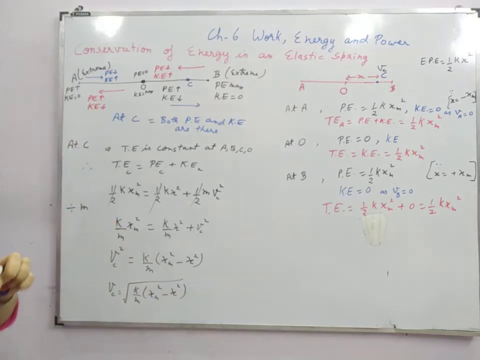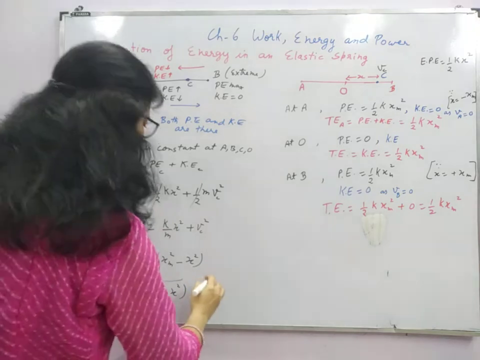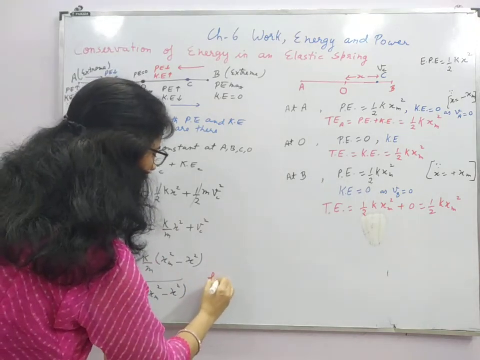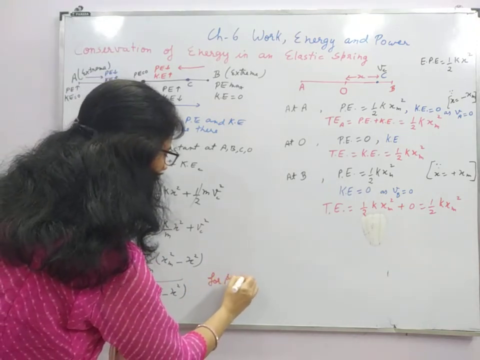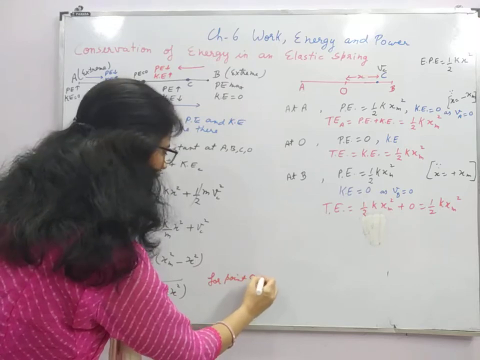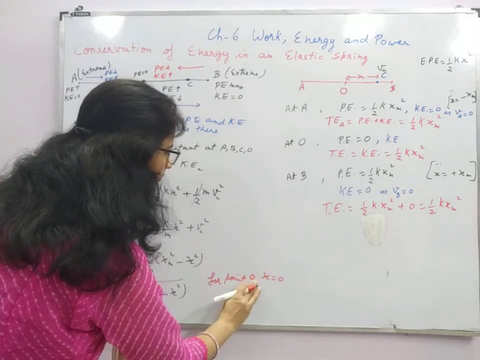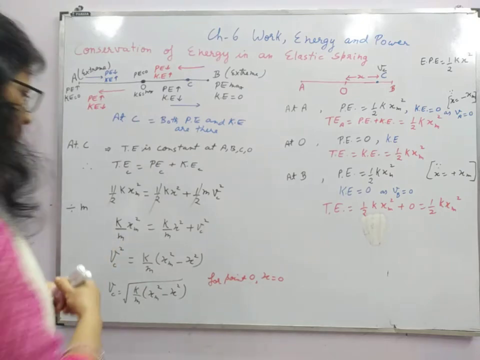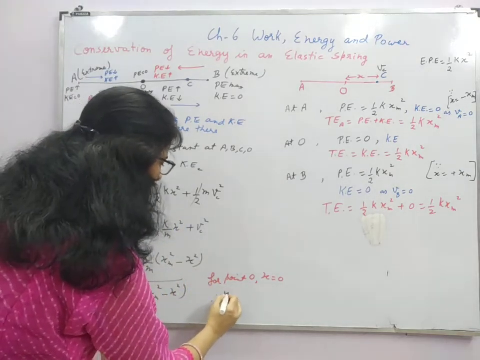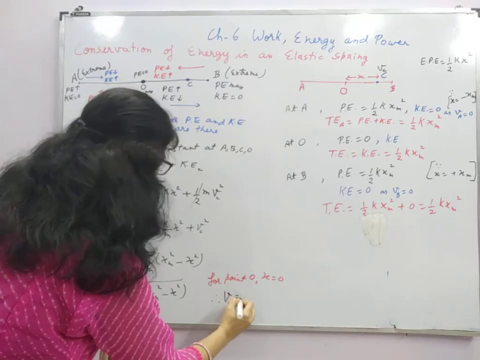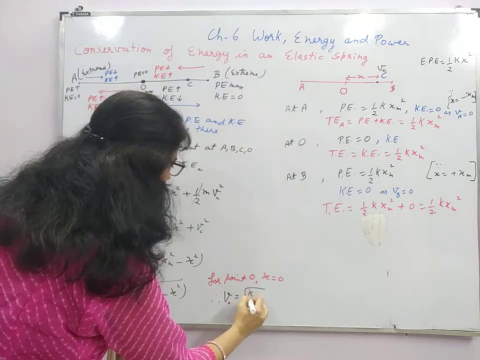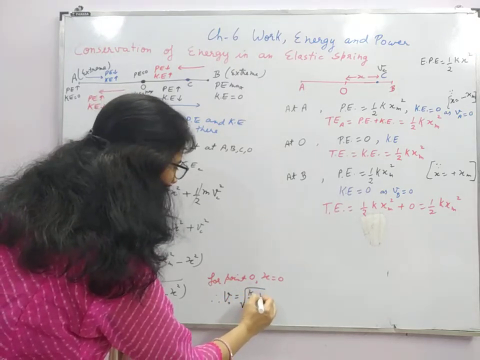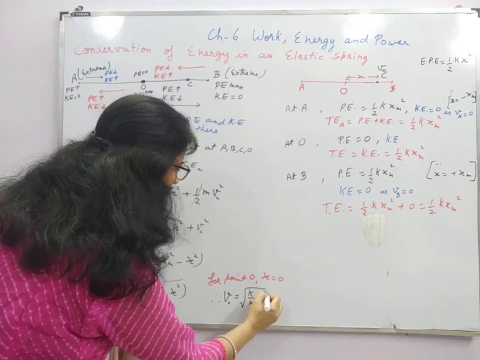So this gives velocity equal to the under root of k upon m xm square minus x square. So at the mean position, point O, what will be the velocity? x is equal to 0. Therefore, velocity at point O will be under root of k by m xm square.